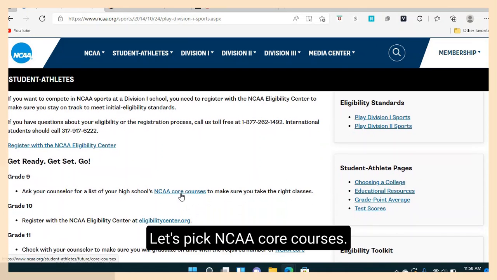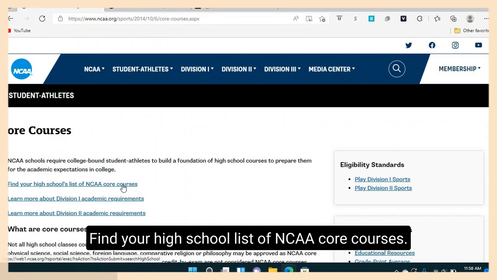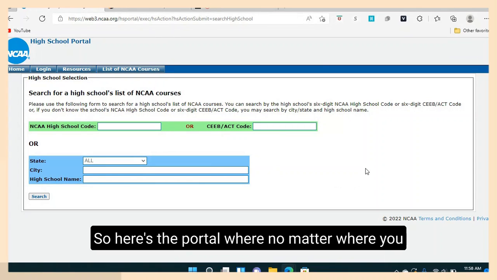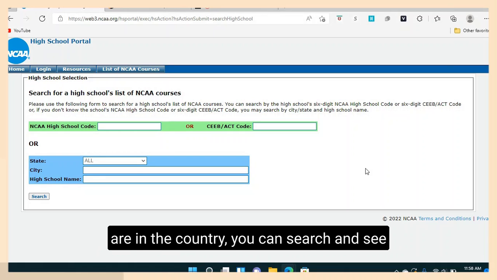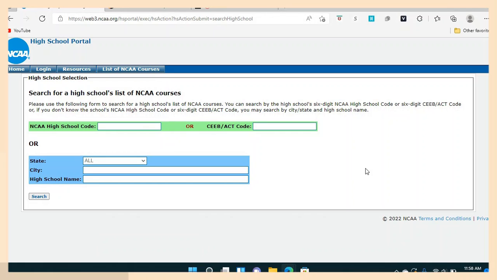Let's pick NCAA core courses. Find your high school list of NCAA core courses. Let's click on that. All right. So here's the portal where no matter where you are in the country, you can search and see what classes your school offers to meet those requirements.